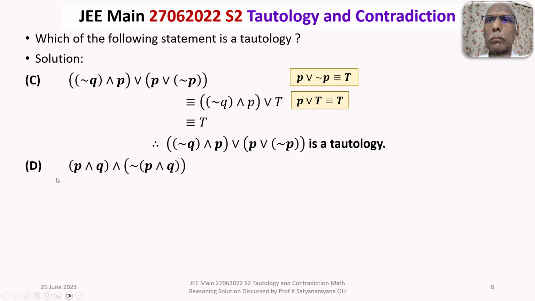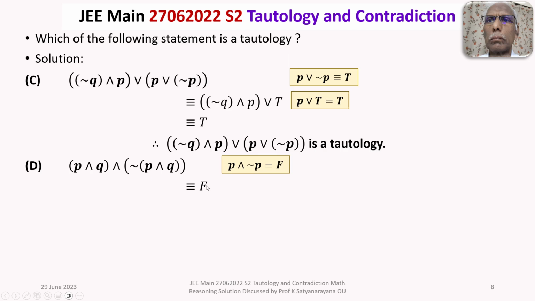Option D. P and Q, in brackets, and in brackets negation of P and Q. Now this is one statement. Let's say P and Q is one statement and the negation of that statement. So P and negation of P is F. That is a contradiction, and hence it will take false.